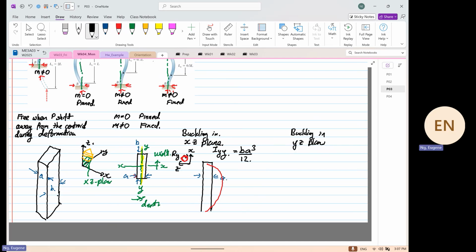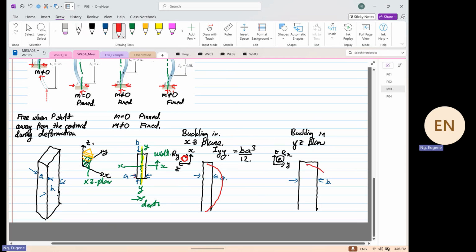So when we look at buckling on the YZ plane, now this is my Y. This is my Z now. And then what will happen is this is my rotation in my what? X. So now when we look at the structure, over here this is your what? B. And this is how your structure will buckle. And when that's the case, you know that it's going to be what? IXX.